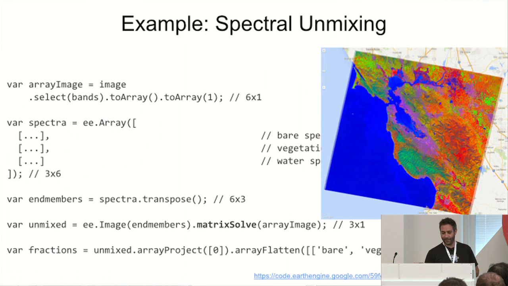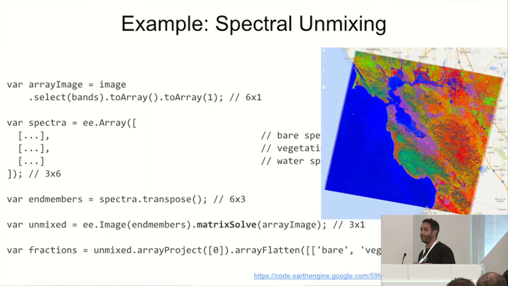Okay, so we're going to start with a Landsat image, select the bands that I want, call .toArray to turn each pixel into a length 6 vector, and then call .toArray1 on that result to turn each pixel into a 6x1 matrix.